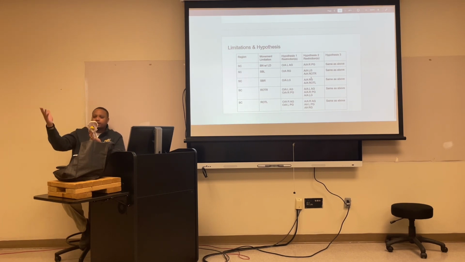Then we know, again, atlas follows the head, so rotating to the right, the atlas on the left has to be able to glide anteriorly, the atlas on the right has to be able to glide posteriorly. Those could be restrictions. And then we know also with rotation right, the atlas has to slide to the left. And so that's all within hypothesis two.